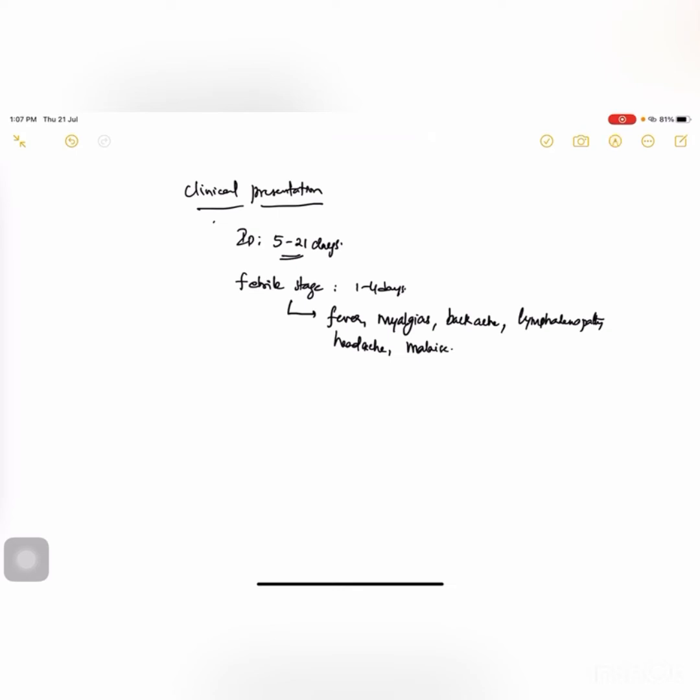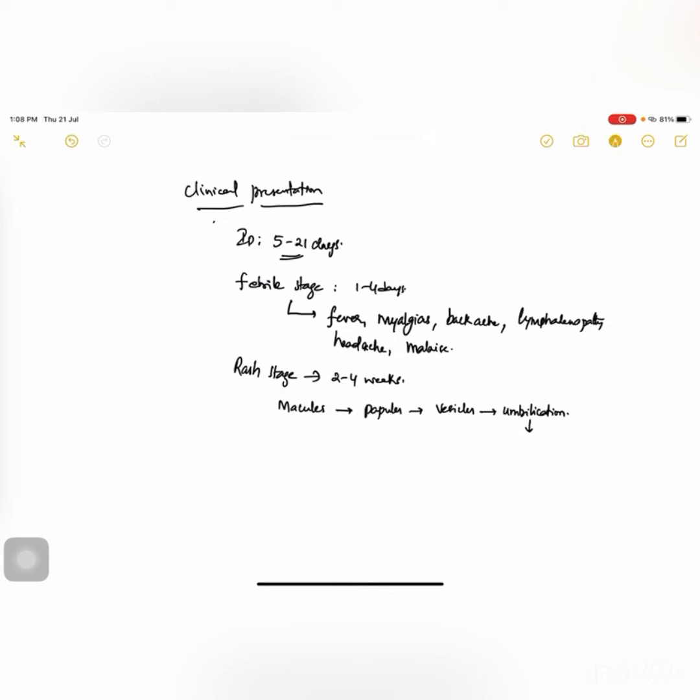Then after the febrile stage, the patient goes into the rash stage, which lasts for about 2 to 4 weeks. In this rash stage, the patient has macules, which progress to papules, and then vesicles. Umbilication will develop over the vesicles.